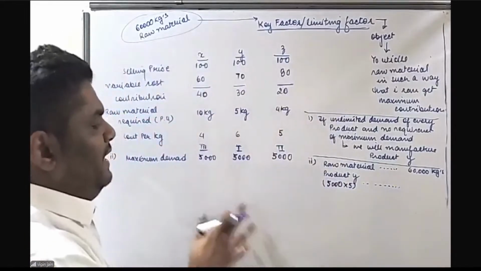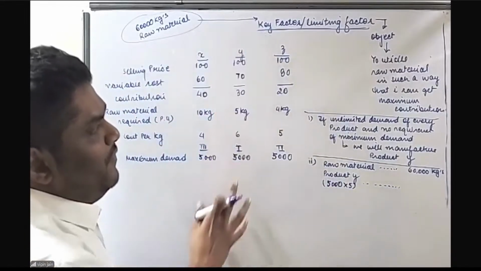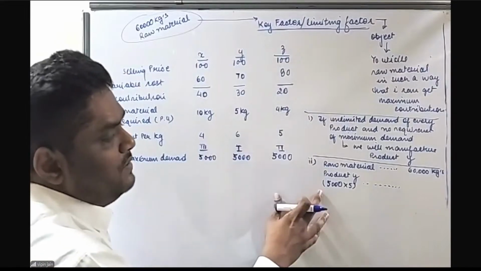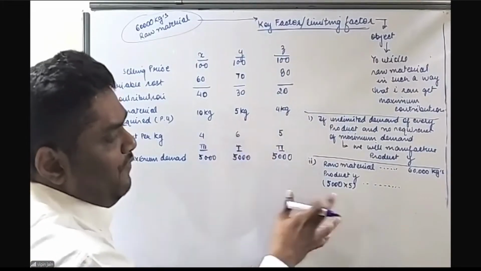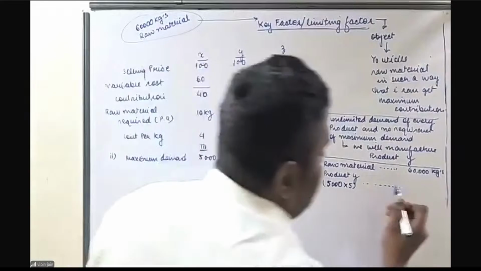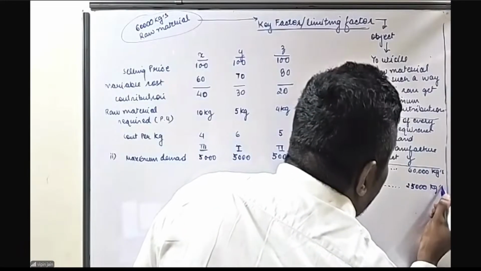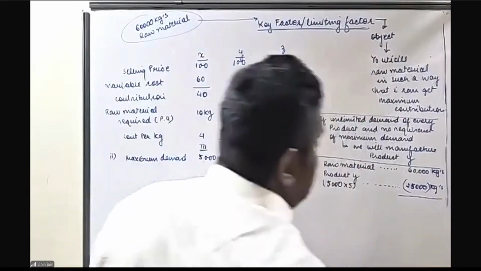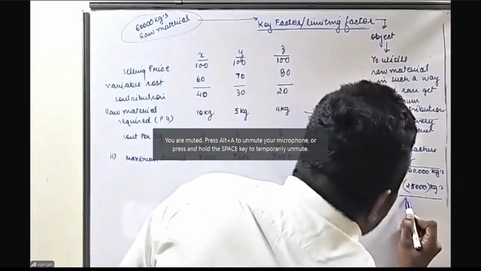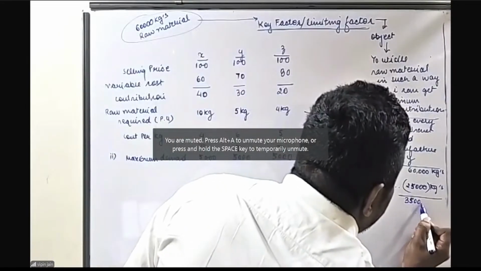So I repeat, when talking about the maximum demand, we will first fulfill the demand of Y, that is 5,000 units, and every unit requires 5 kgs. So 5,000 into 5, 25,000 kgs will be utilized to manufacture Y. So still we are left with 35,000 kgs.